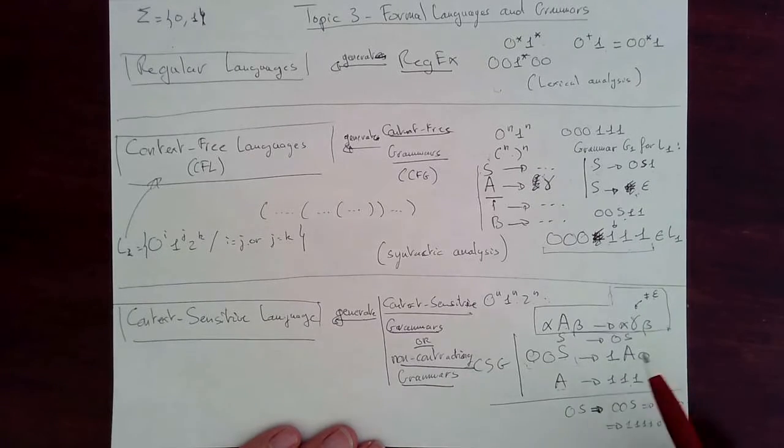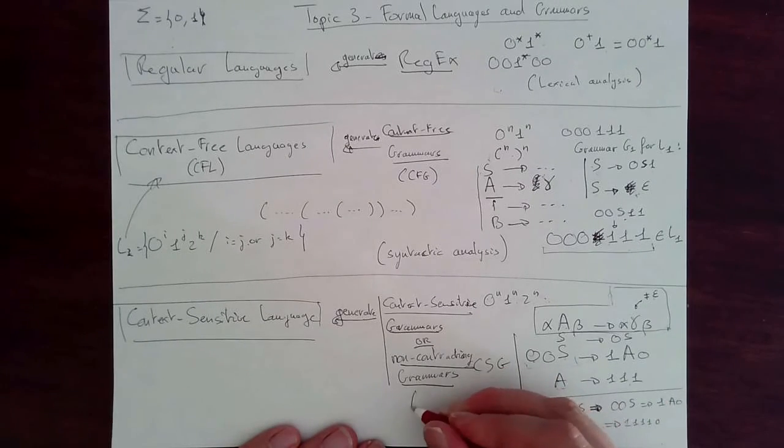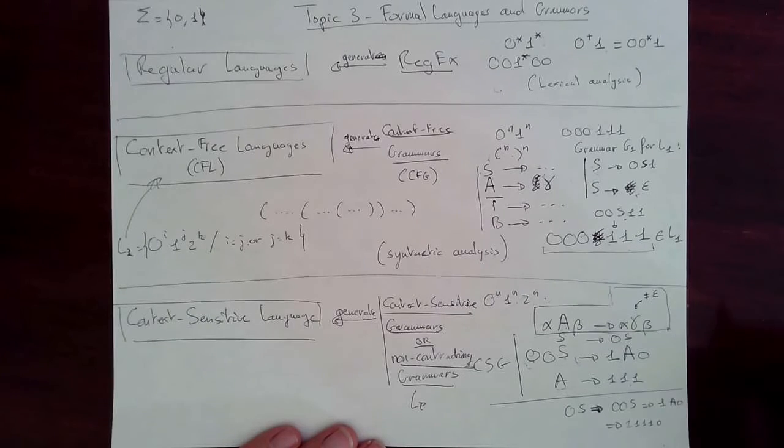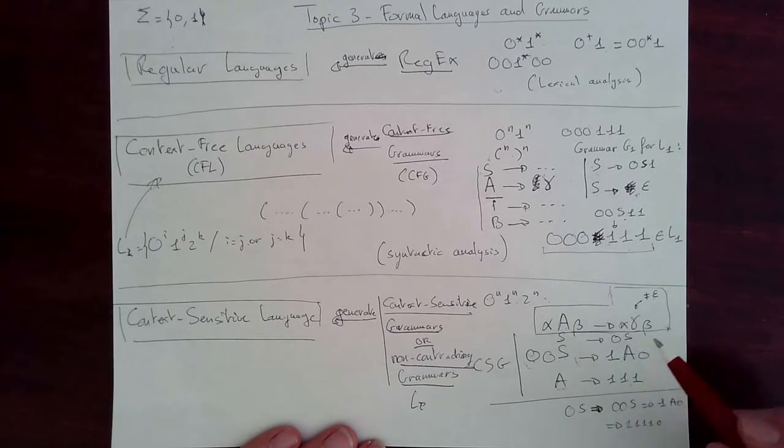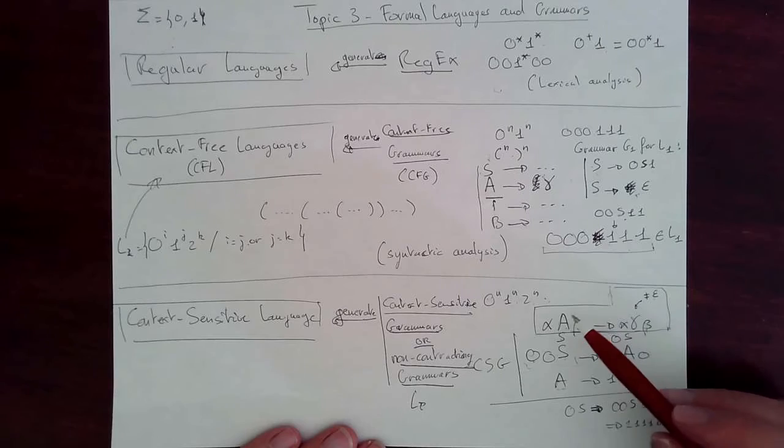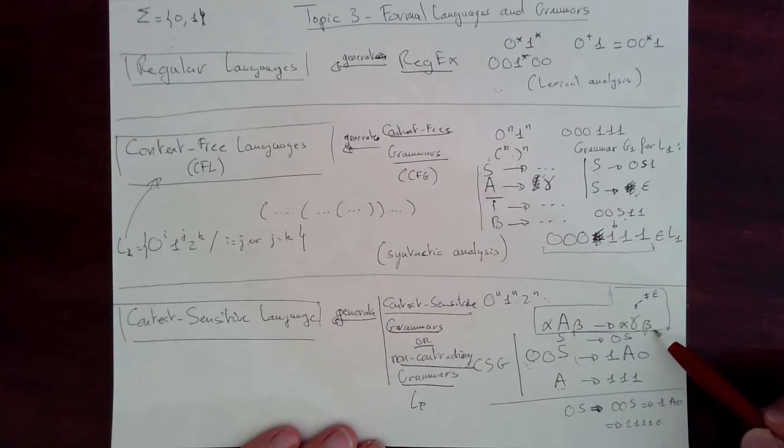So a non-contracting grammar basically only states that the right hand side of the rule has to be at least as large as the left hand side. It cannot be smaller. It's very easy to grasp, right?